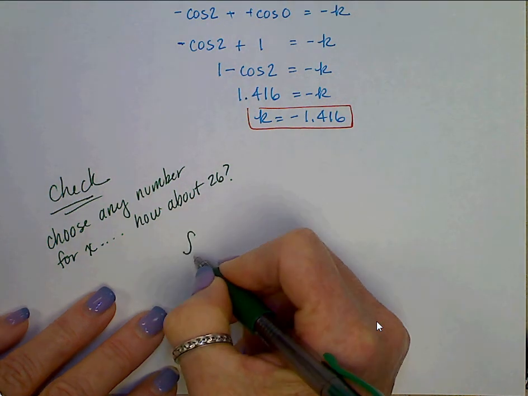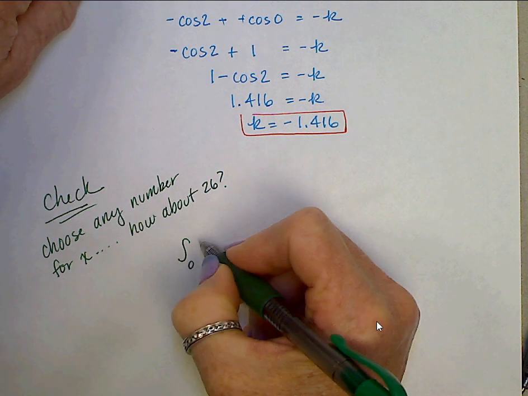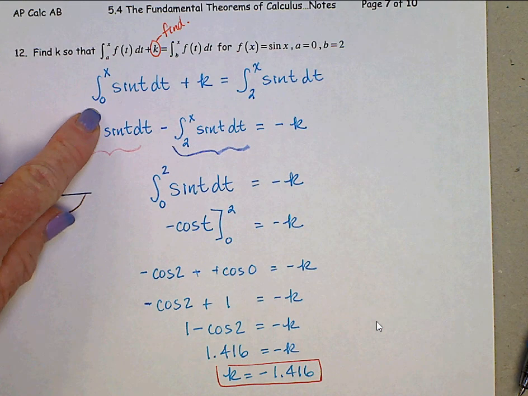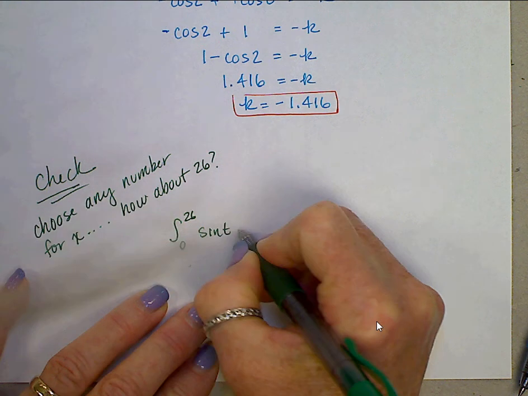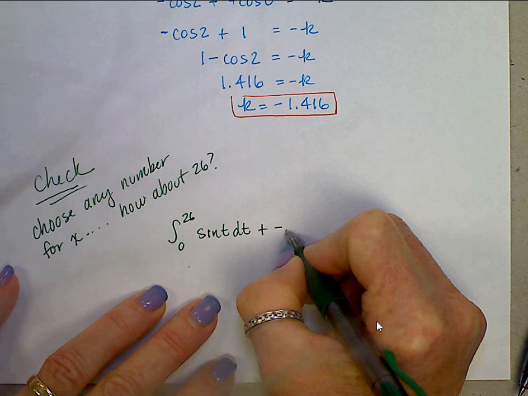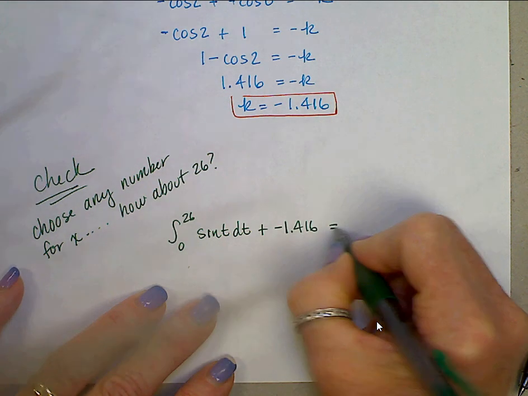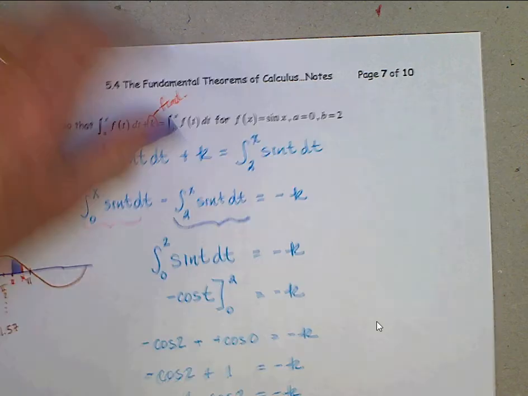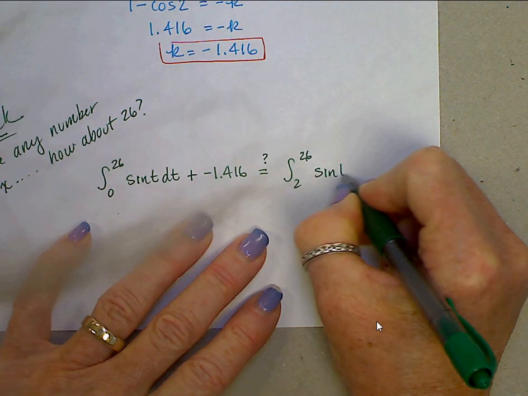The integral from 0 to x, which is 26, I'm just looking back up here at my top line, 0 to 26 of sine t dt plus your k, negative 1.416 approximately. Is that equal to the integral from 2 to x, so 2 to 26 of sine t dt?